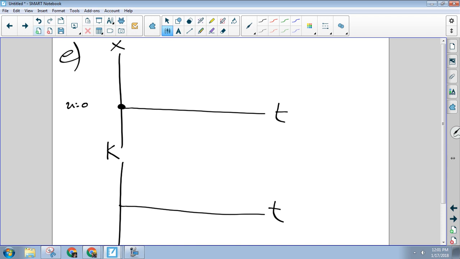Well, if U is 0, then we ought to know what kinetic energy is, right? What should my kinetic energy be? It should be 7, right? Because our mechanical energy is 7. Does that make sense?